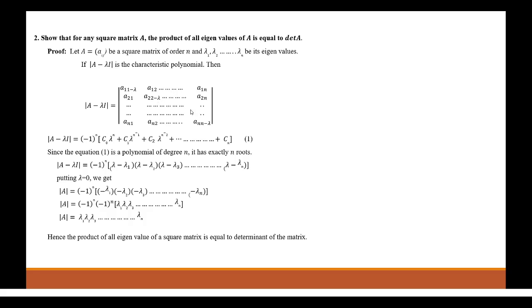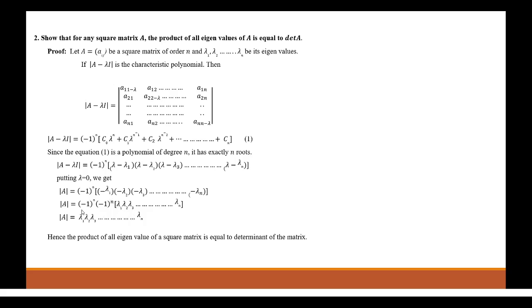On expanding this characteristic polynomial of degree n, it has exactly n roots. For this equation, putting lambda equal to 0, the equation reduces to this form. Then taking minus 1 to the power of n outside, we get minus 1 to the power of n times lambda 1, lambda 2, lambda 3, ..., lambda n.